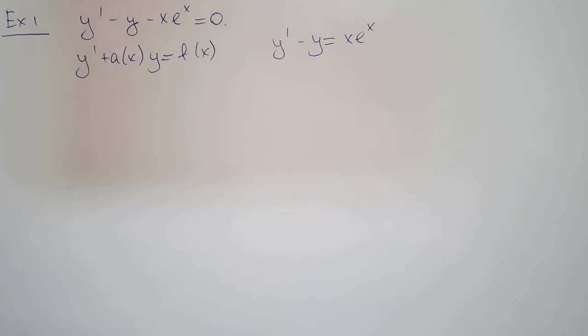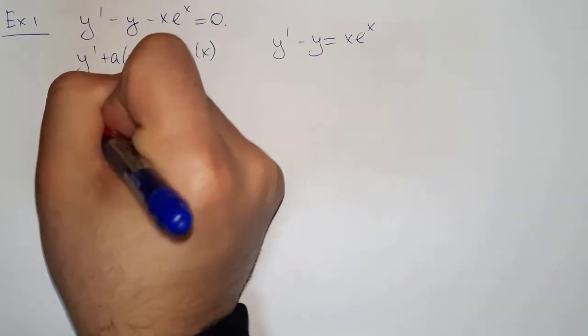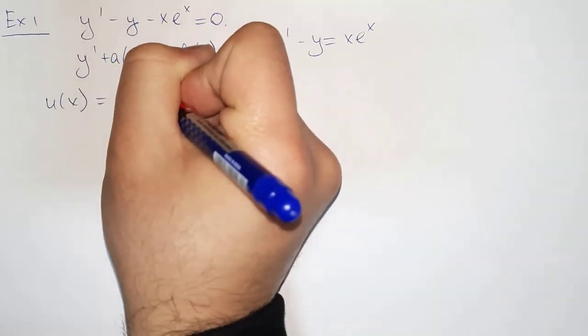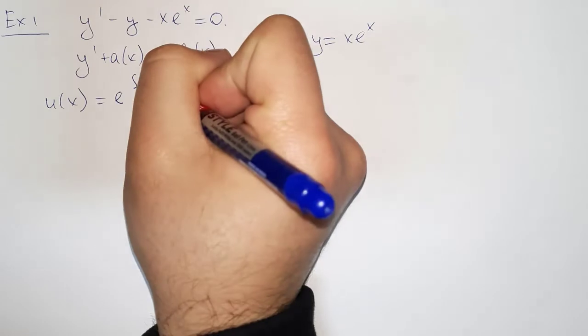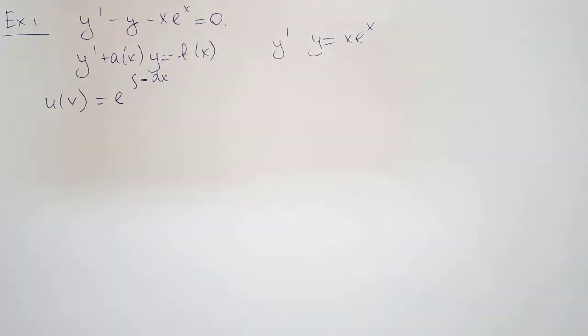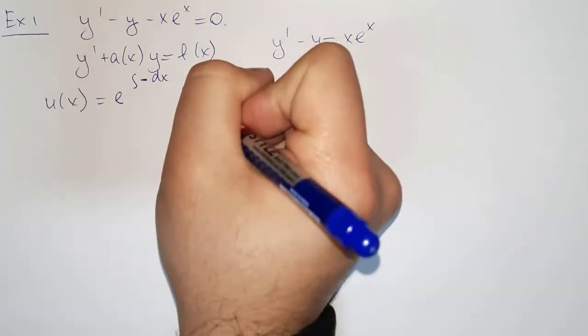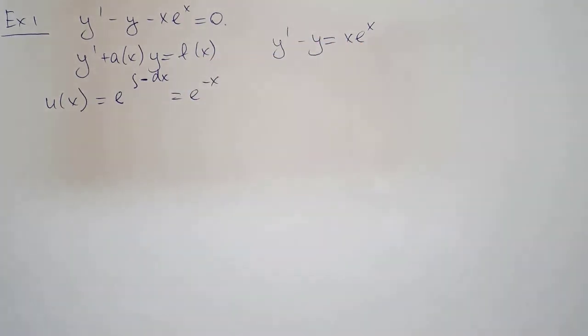Integrating factor, it will be u of x. It is e to the power of integral. Our a is minus 1, so minus 1 dx, or just e to the power of minus x. So this is our integrating factor.